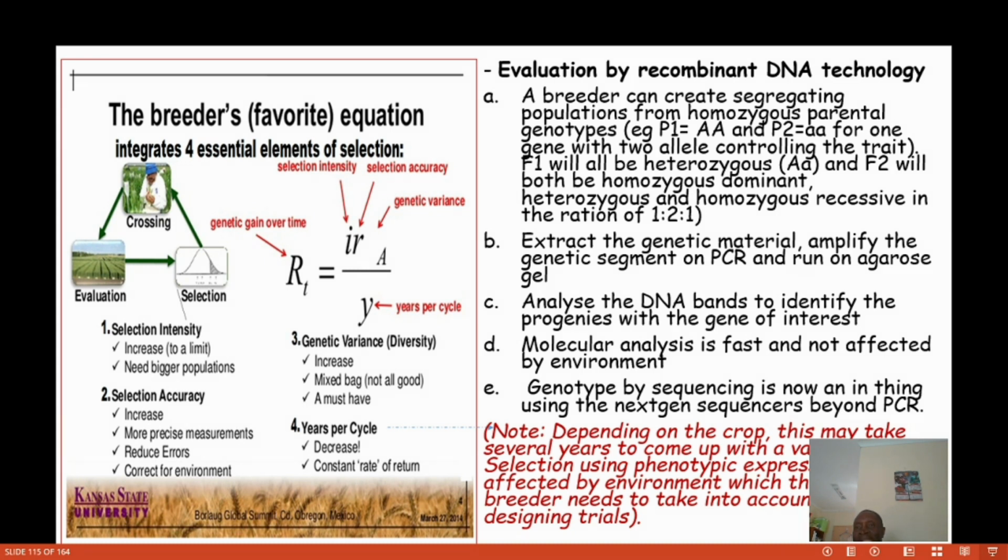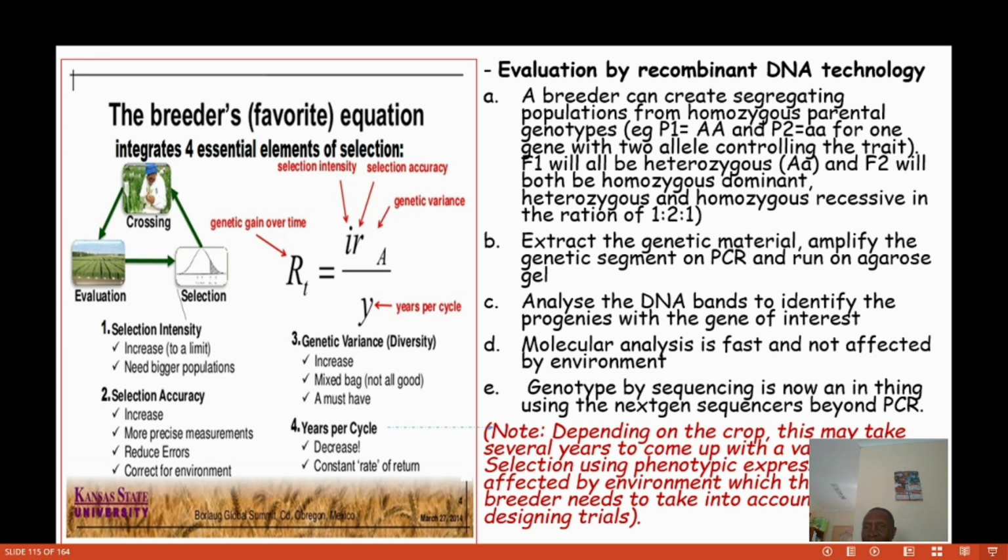Then you extract the genetic material, you amplify the genetic segment on PCR, and you run it on agarose gel. Then you can analyze the DNA bands to identify the progenies with the gene of interest. Molecular analysis is fast and not affected by environment.